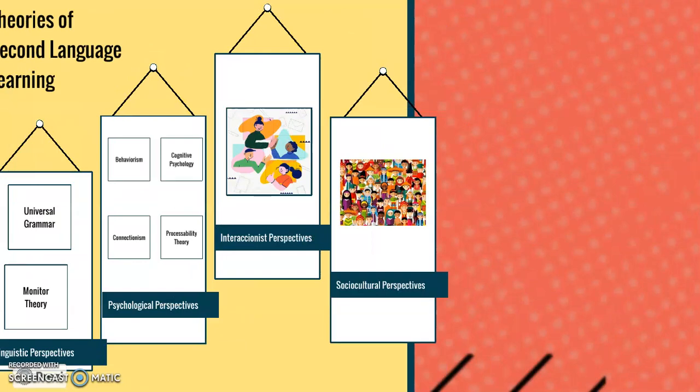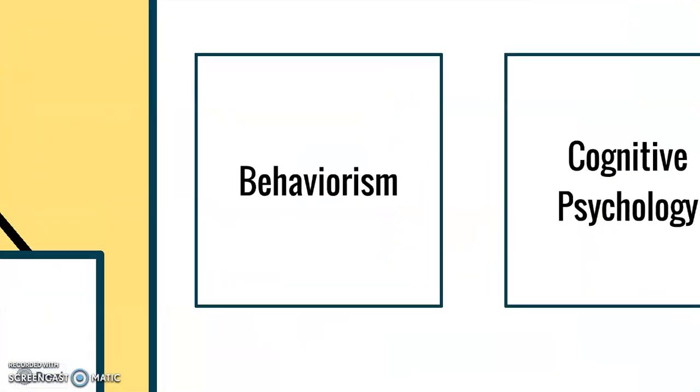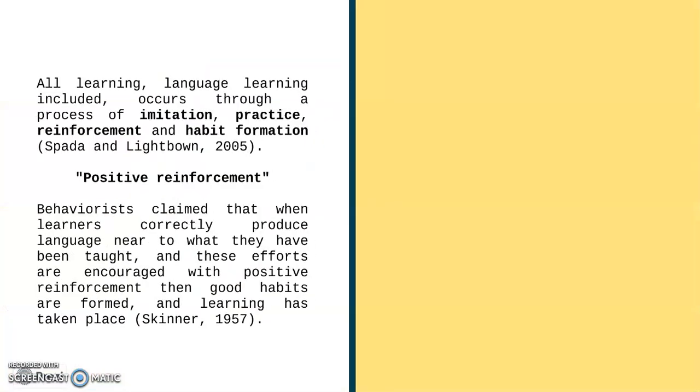They were all the linguistic perspectives, and now we're going to go to the psychological perspectives. First of all, we have behaviorism. Behaviorism was born out of the view that all learning, language learning included, occurs through a process of imitation, practice, reinforcement, and habit formation.